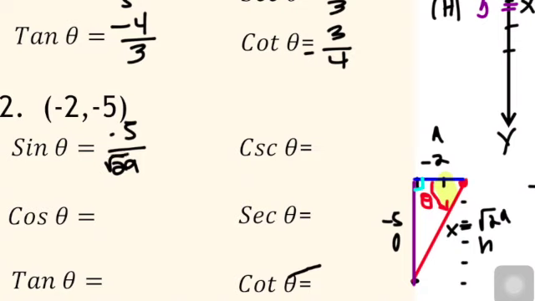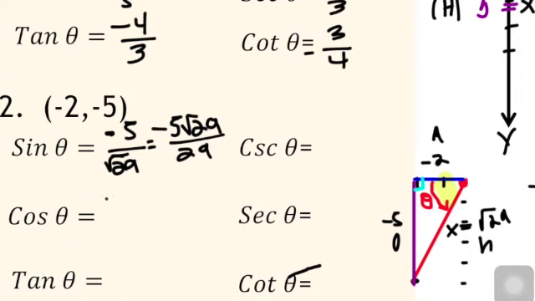We can't have square roots in the denominator, so let's rewrite this. So -5 radical 29 over 29. So guys, I'm not showing the work, so if you have questions on that, let me know. But I'm just rationalizing the denominator by multiplying by radical 29 on the denominator and the numerator.